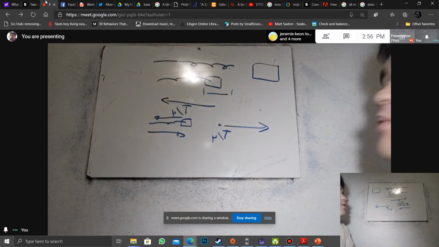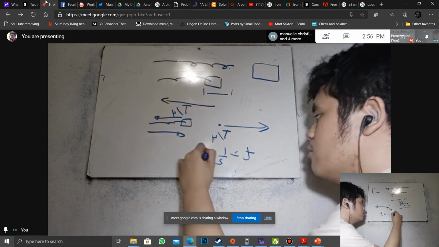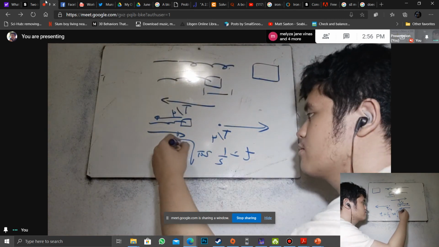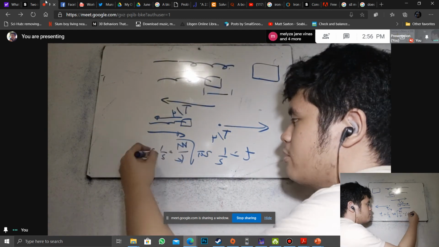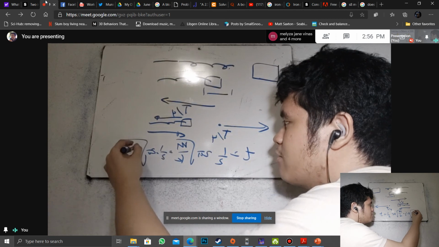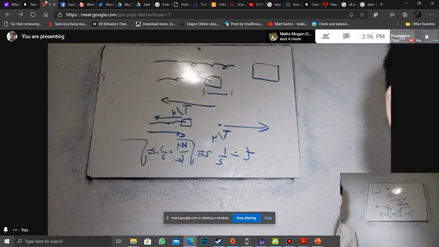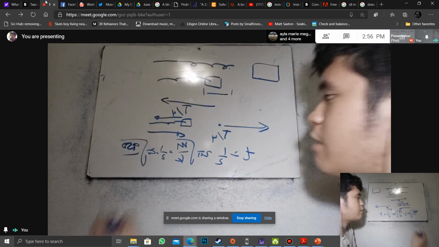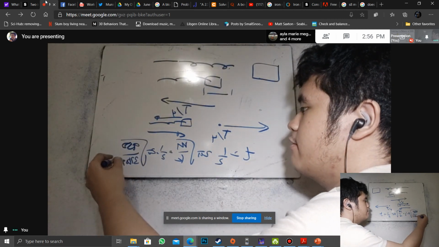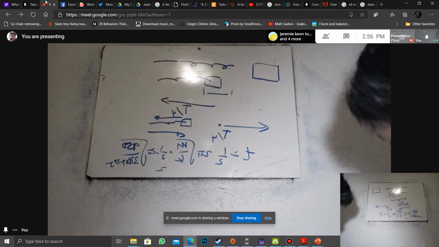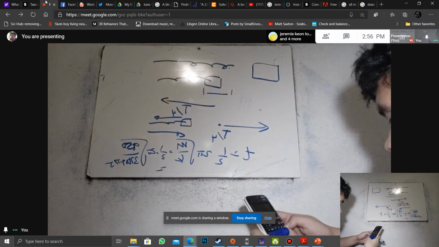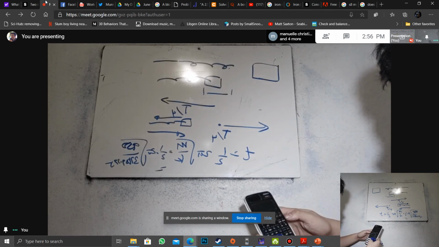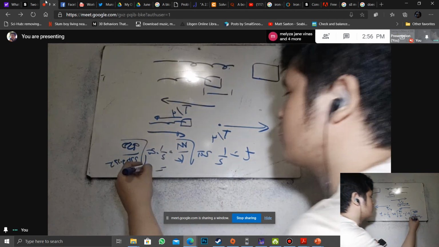T equals 1/2 times 2 pi square root of M over K, no? 1/2 times 2 pi times square root of 950 over 37,109.375. You should get around 0.50 seconds, 0.5 seconds, no? Around that.